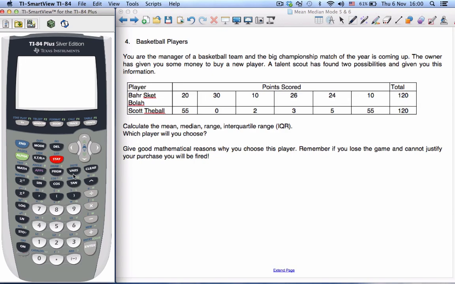Go to Stat, Edit, and I'll put the basketballer's data in L1. So 20, 30, 10, 26, 24, and 10. And I'll go ahead and type in Scott the Ball's record in L2.